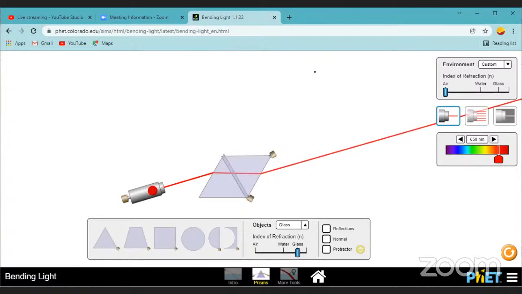Yes, no problem. Look here. This is the emergent ray. On the right side you may observe this. If you extend the incident ray, it will come here. How is the extended incident ray and the emergent ray? They are parallel. It means it is now acting like a glass slab. Correct. It's acting like a glass slab.